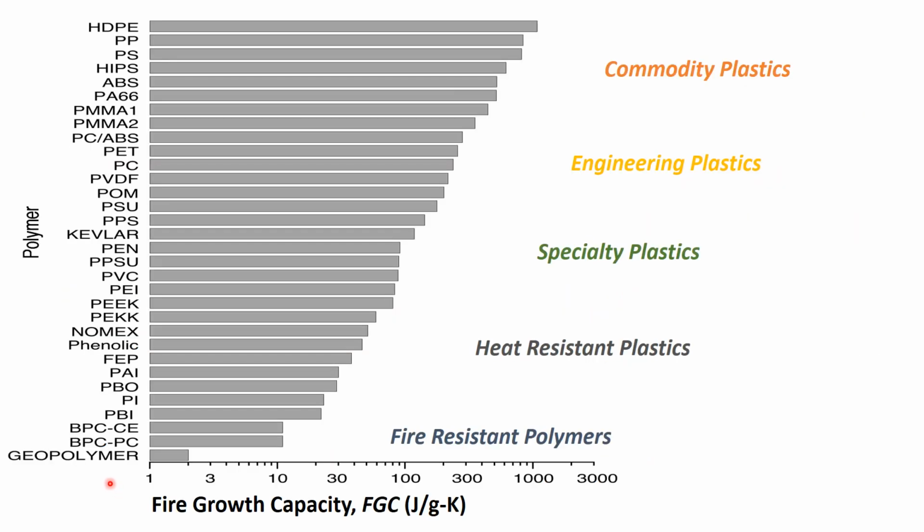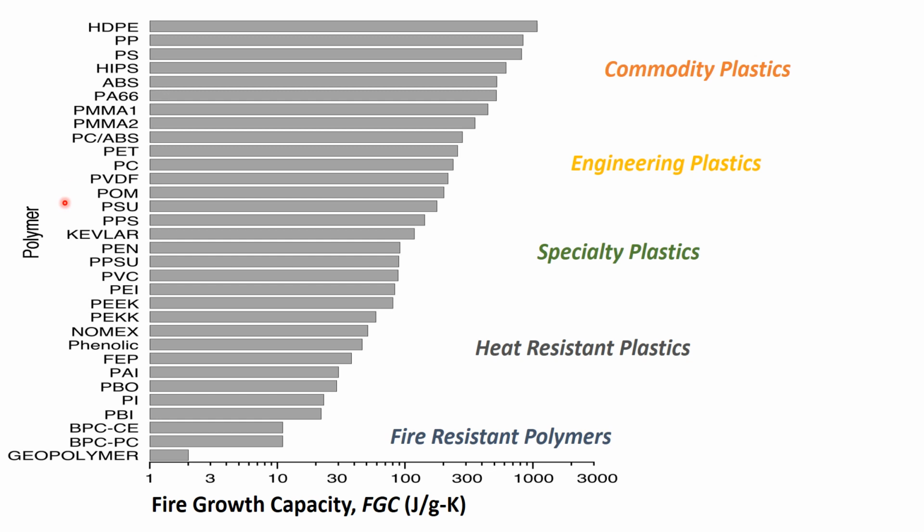Okay, so you get the fire growth capacity for a whole list of materials, and they rank pretty much as you expect. You have the commodity plastics or household plastics like polyethylene, polystyrene, things like that, linear hydrocarbon structures that burn pretty readily. Then you get into the engineering plastics like polyethylene terephthalate, your soda bottles, polycarbonate, things like that. The engineering plastics perform a little better because they have more double bonds and you start getting into cyclical structures.